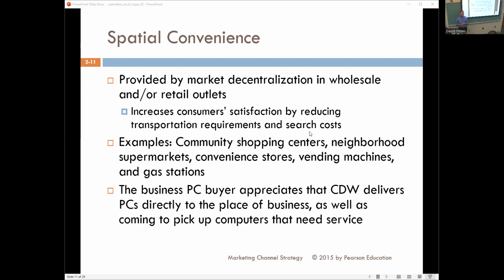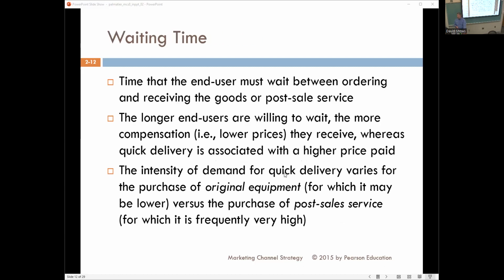A consumer will pay $2 for a 16-ounce drink in a convenience store, whereas they could walk over to the Lowe's, the grocery store, and buy a liter bottle for 99 cents. The convenience is considered desirable, right? And so spatial convenience is another thing.